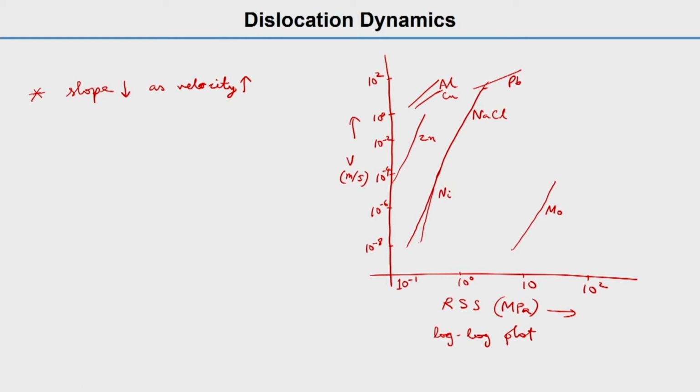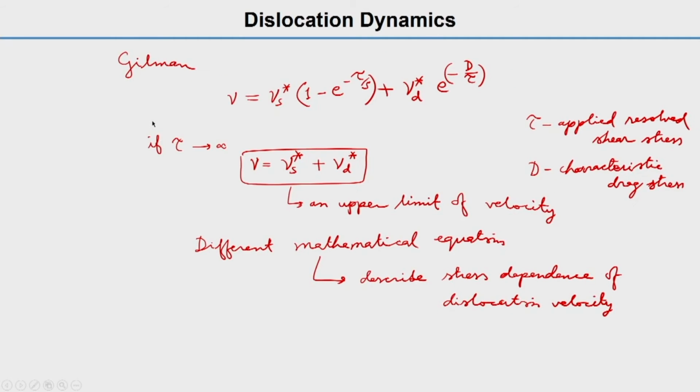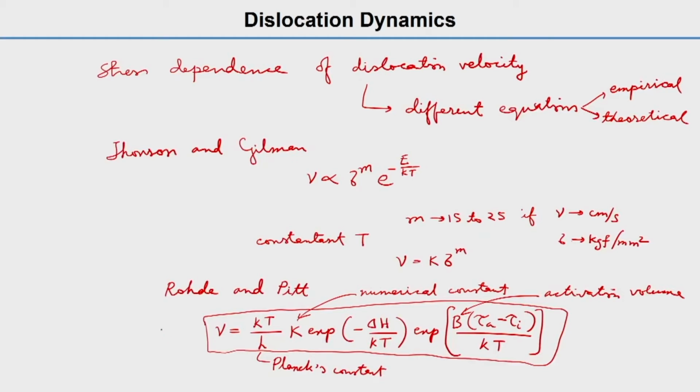If you see, for some of these materials, we talked about some equations, the Rod and Pitt equation. Although it looks complex, the same data can be fit into a simpler equation like this also. These experimental results of Rod and Pitt can be fit to this equation as well, and this will also give some approximation.